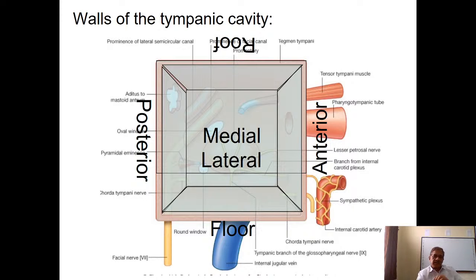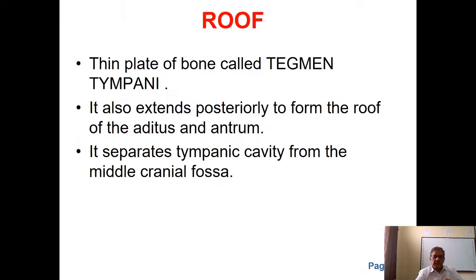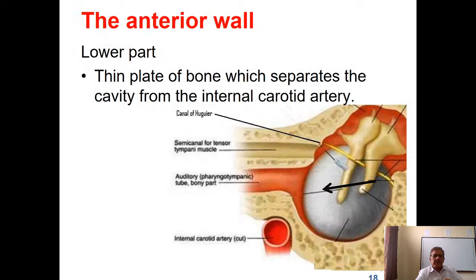The tensor tympani muscle comes out, enters the anterior wall most medially, pierces that, and then is inserted into the handle of the malleus, the neck of the malleus. So we'll see that, and that is as far as the anterior wall is concerned.